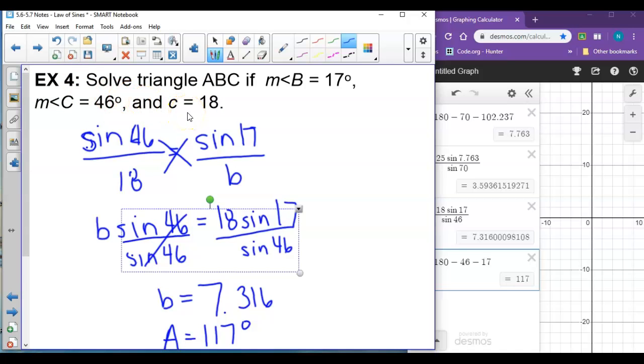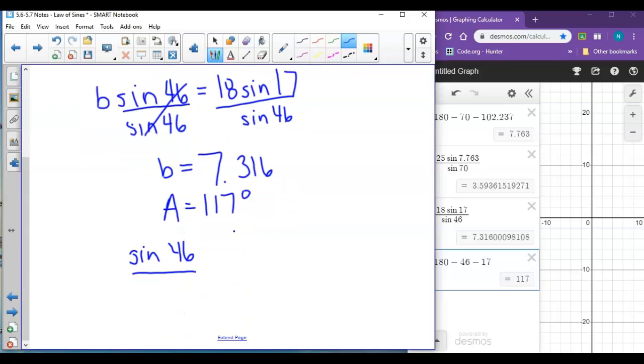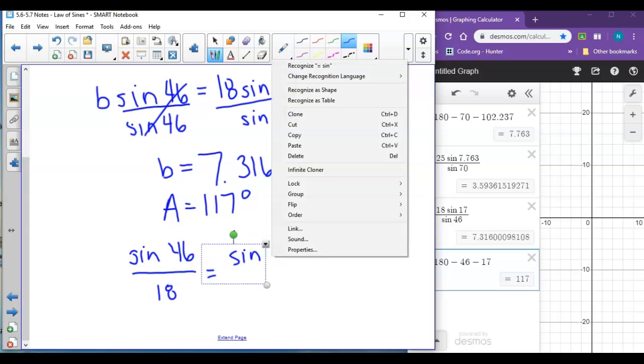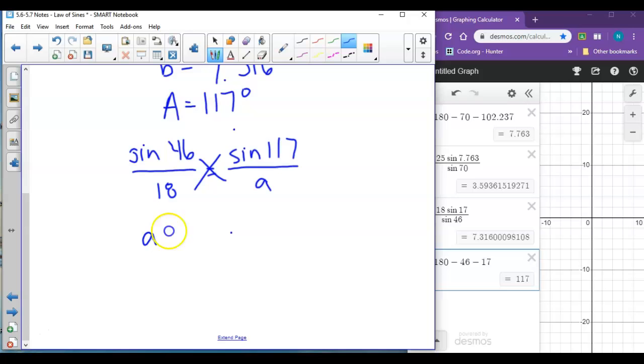Sine of 46 over 18 is going to equal sine of 117 over A. I will cross multiply, and so I'll get A sine of 46 equals 18 sine 117.